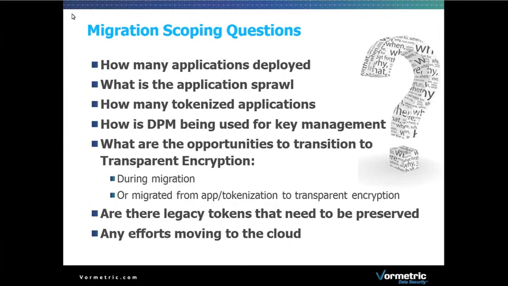Other topics of discussion: if there are legacy tokens that you want to ensure are preserved, so that if you've got 10 years' worth of tokenized data, you have a manner of transitioning the detokenization moving forward so you can move your keys from DPM over to the data security manager. There are a number of different ways that we can whiteboard and discuss, from an architecture standpoint, how to most rapidly move over in the least disruptive manner.